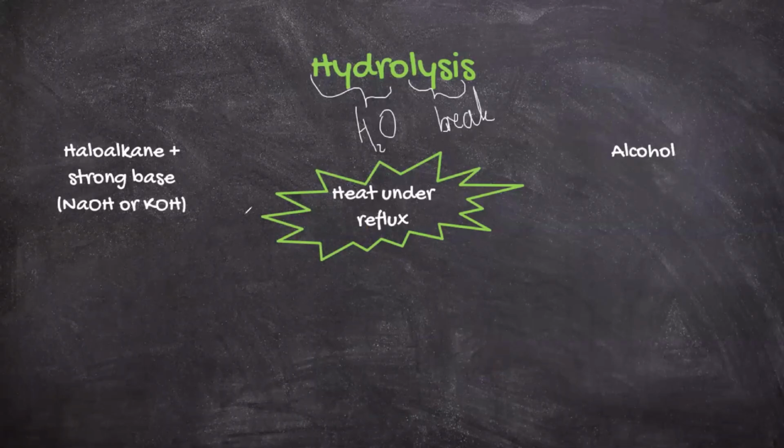So if you draw a haloalkane, for example, let me draw that on the reagent side. If I draw a haloalkane, I've got some halogen, and I have a bunch of hydrogens.